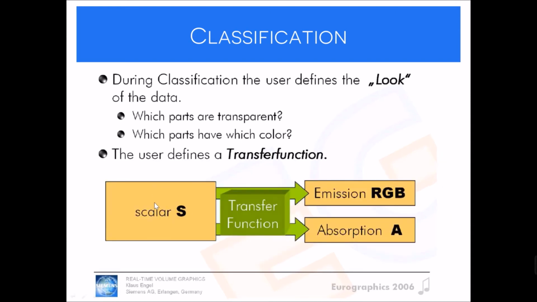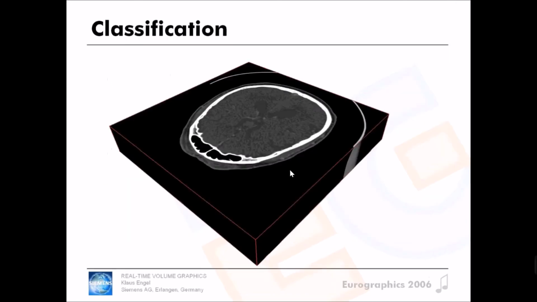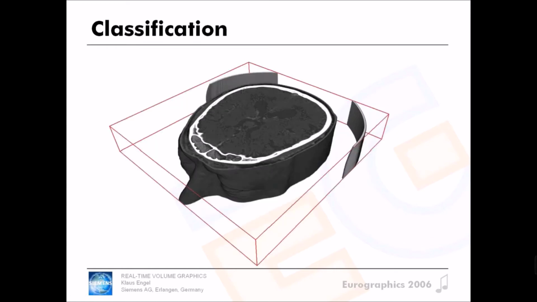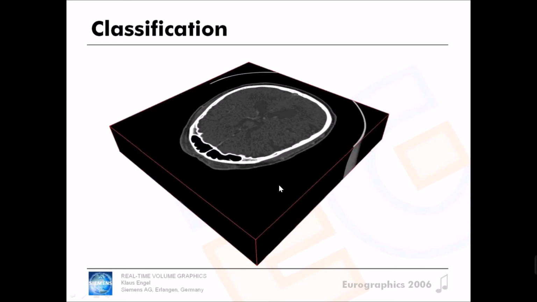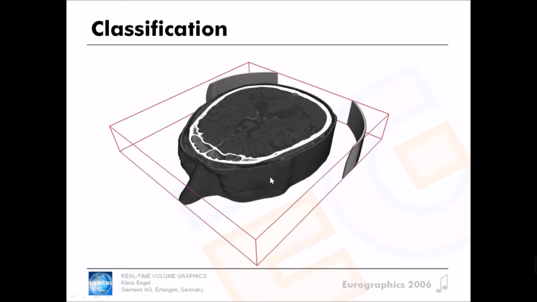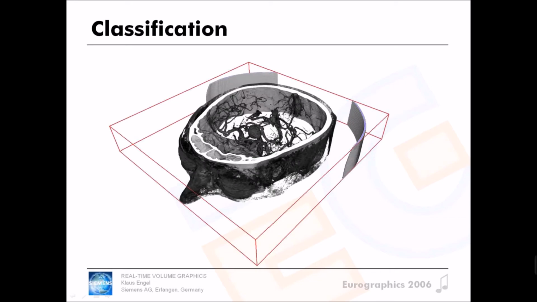You interpolate a value and apply this transfer function and figure out how much light gets absorbed and how much light gets emitted. Essentially this is the color the object has and how much material from the back can shine through. This is a transfer function. So when you look at it from this perspective, just as a classification task, you'll see like this. Here you segmented out the surface, here you segmented out the vessels.